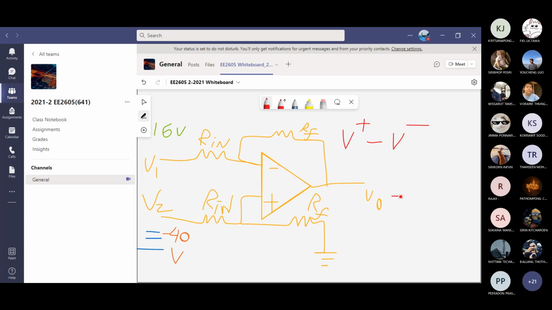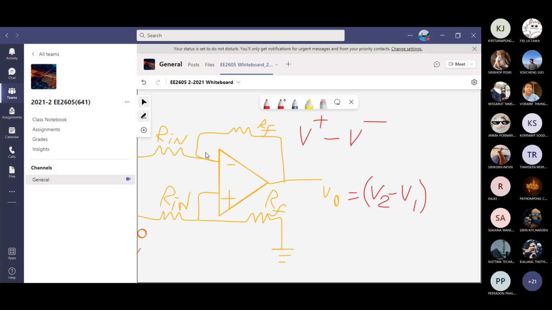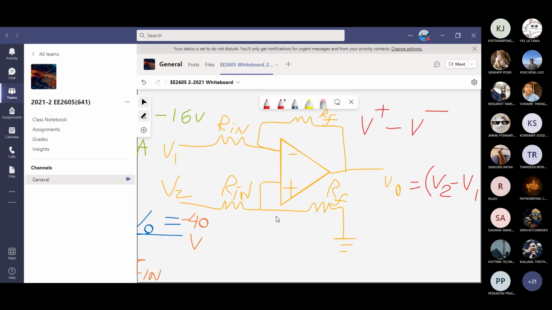So V out will be, what is the voltage at V plus? V2 minus V1, which is on the minus pin. Did we forget something? Times the gain. What is the gain? The gain factor is the ratio of feedback and input resistor. Now it is not 1 plus RF over Rin.